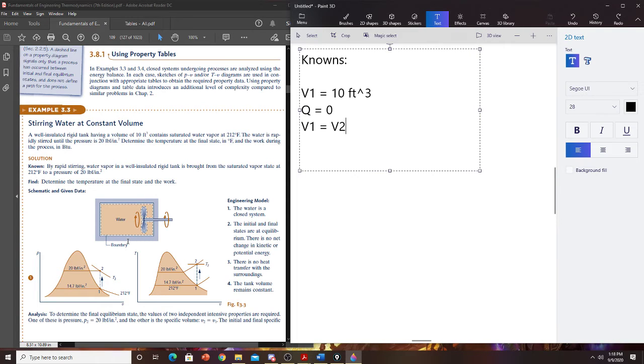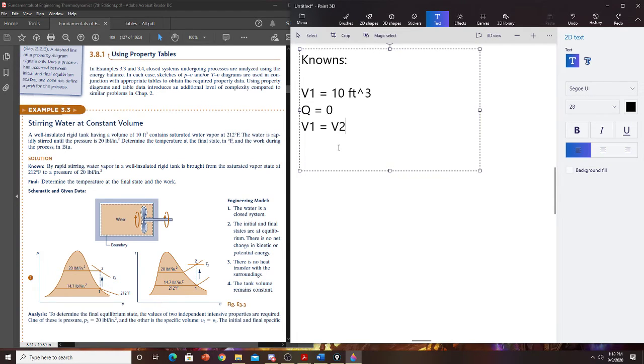Think of it like a propane tank: as you pressurize it, the tank doesn't change volume. It's rigid, made of probably some sort of metal, and it's not going to change unless it was put under immense pressure, which it generally isn't. So it's not going to change size. The volume will be the exact same from one state to the next. It is a rigid tank, and we're treating it as such. So volume 1 equals volume 2.